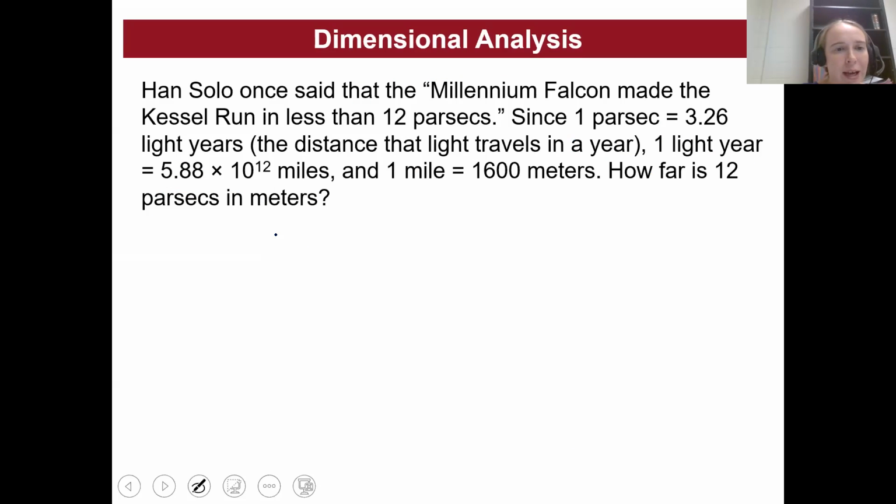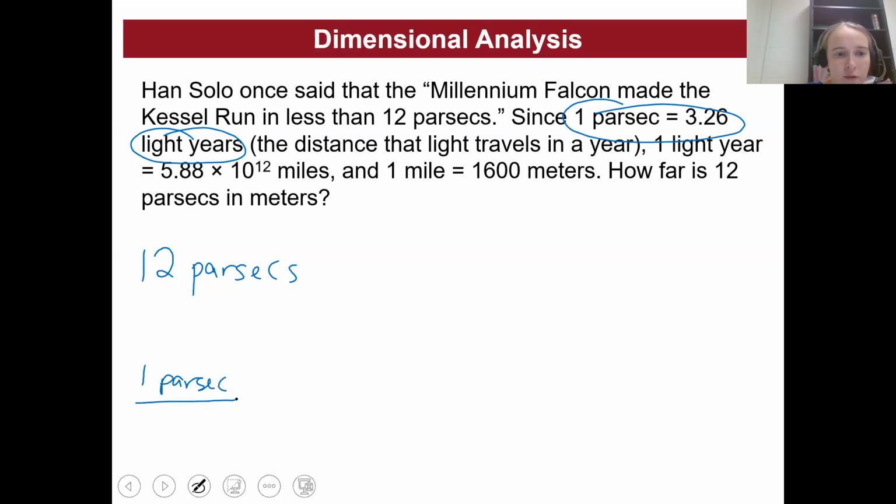All right, so we have 12 parsecs. That's what we're starting with. So our first conversion factor is 1 parsec equals 3.26 light years. So our conversion factor is going to be 1 parsec over 3.26 light years, I'm going to call that LY, or 3.26 light years over 1 parsec.